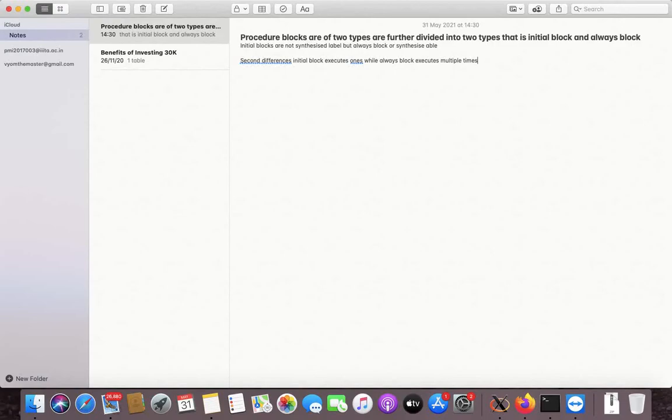Okay, so there is a syntax for writing always blocks. So always at, and in this bracket we write down some variable names, or names of registers, or names of wires, or names of clock signals, or names of some events.